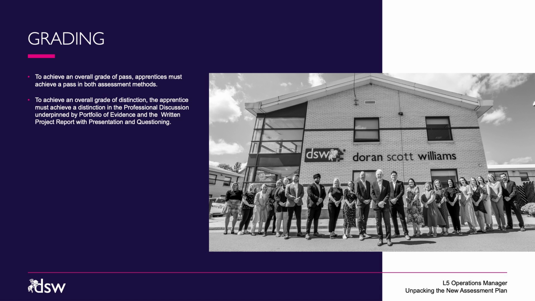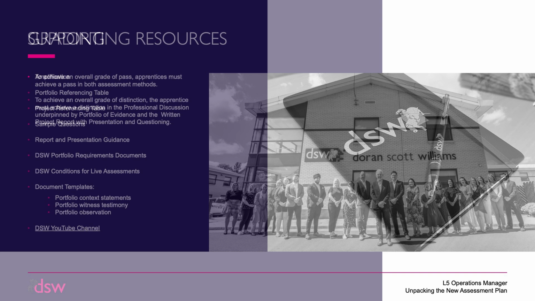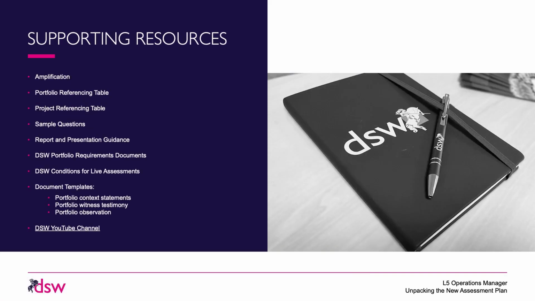Translating this through to the overall grading, for an apprentice to achieve an overall pass, the apprentice must achieve a pass in both assessment methods, and for the distinction, they must achieve a distinction in both also.